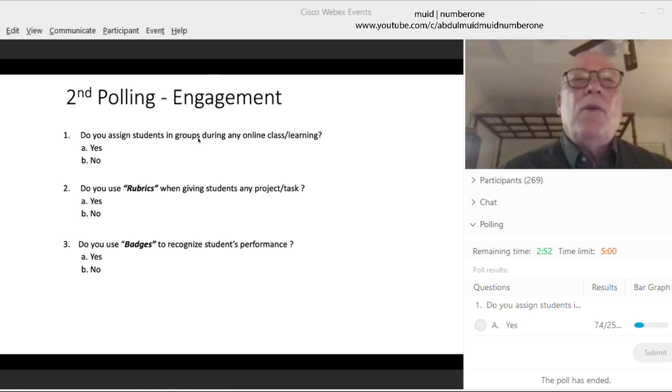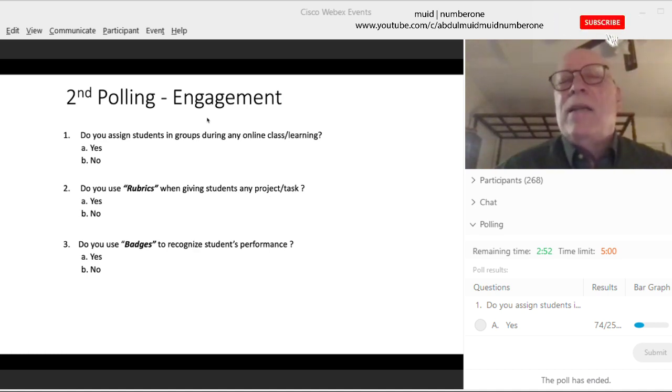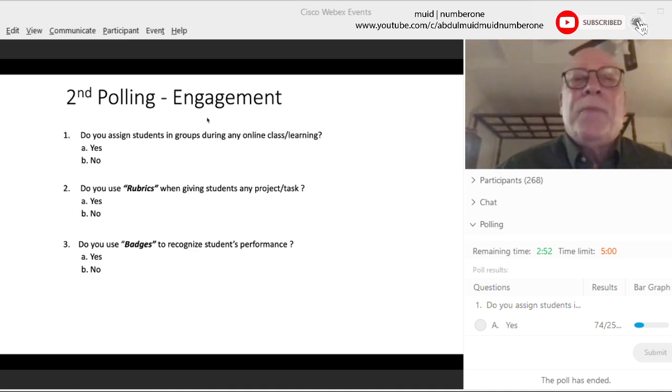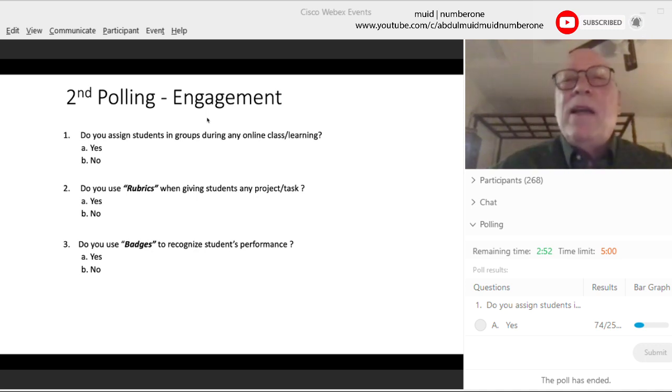And I suggest that you consider using rubrics, or at least letting students know ahead of time what is the assessment criteria exactly for any task or project that you ask them to do. And consider using badges, especially from the distance now, to recognize students.